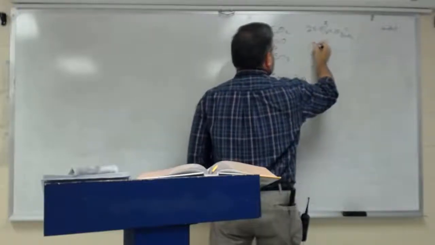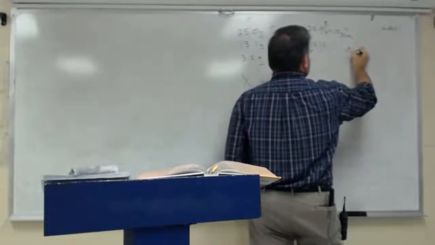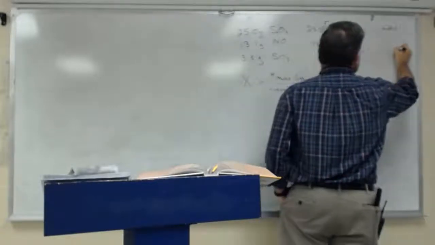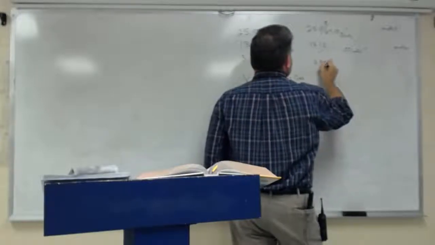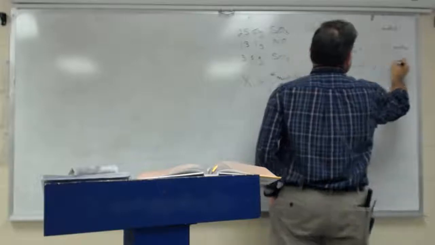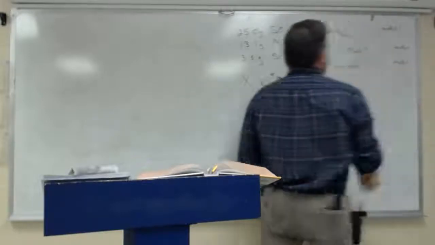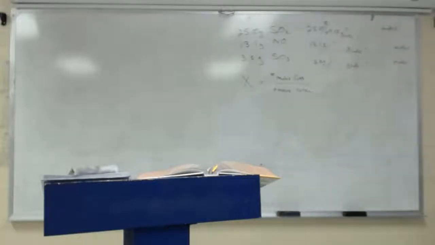13.1 grams divided by grams per mole is going to give me moles. 3.5 grams divided by a certain number of grams per mole is going to give me the number of moles. So for nitrogen monoxide, we've got 14 and 16 for 30.